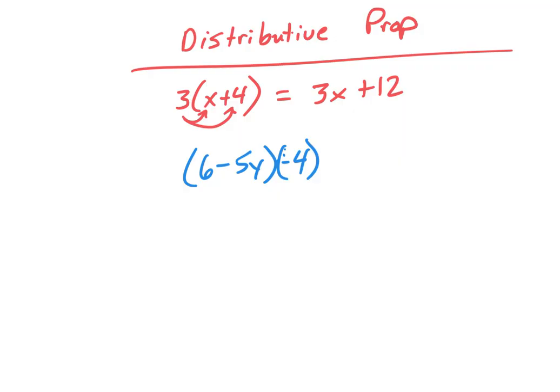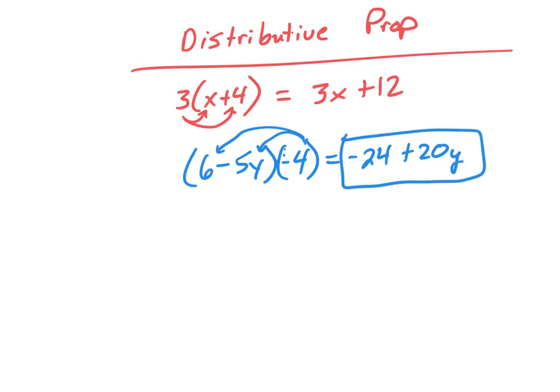Most of the time it's in front. Every once in a while we might see it at the end. So here we're going to take negative 4, and we're going to distribute it. So negative 24 plus 20y. And that would be our answer.